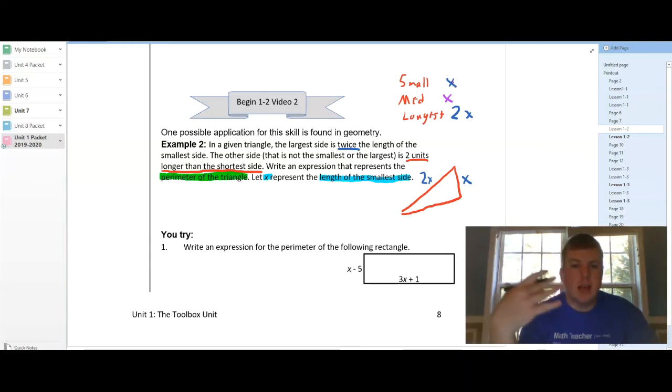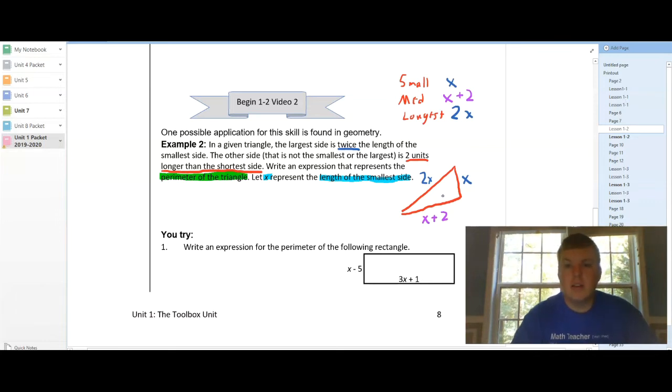For example, if the small side was just 4, and we wanted it to be 2 longer, we would do 4 plus 2. We're going to do the same thing here with the x: we use the x that represented the small side, and add the 2 longer that the medium side is compared to the smallest. So that gives us the final piece of the puzzle on our drawing.